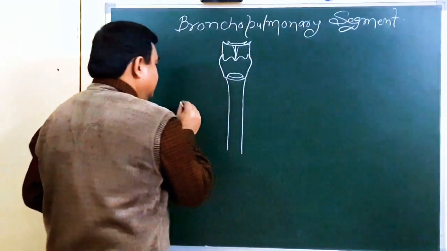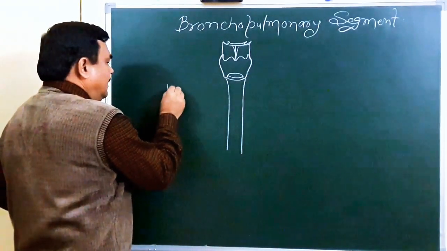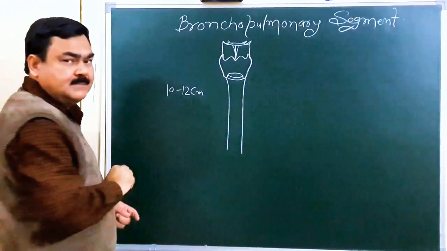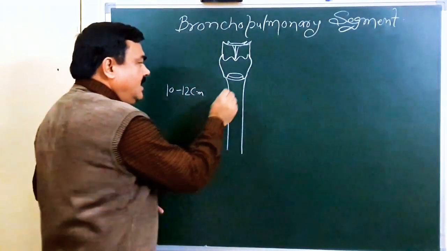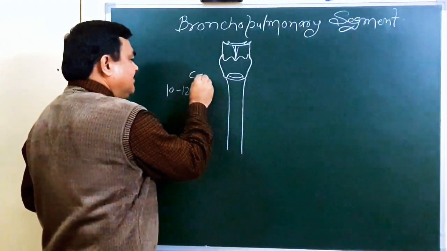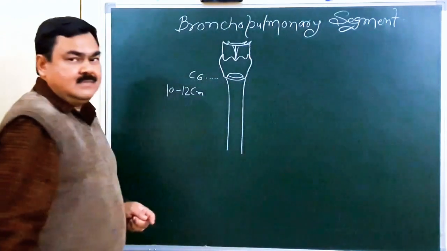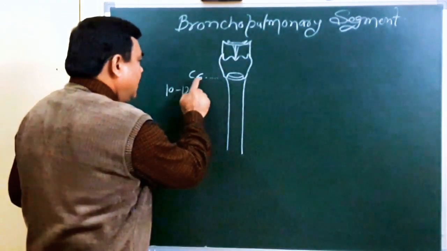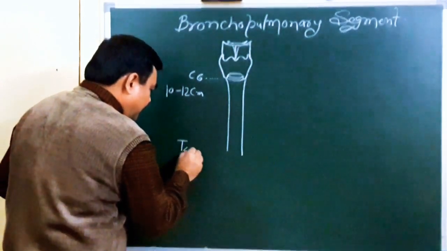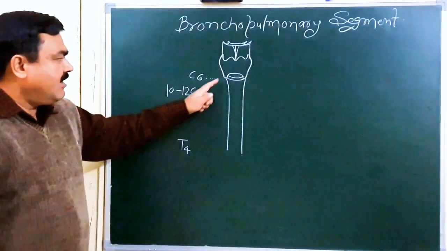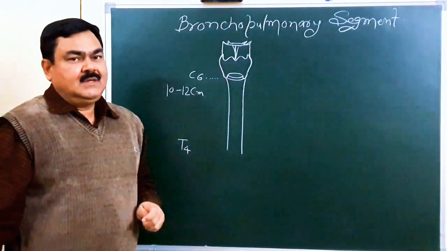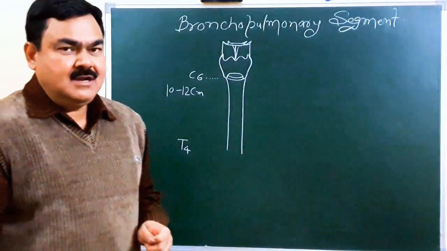The length of the trachea is about 10 to 12 centimeter. It extends from the level of C6 vertebra to T4 vertebra, in lying position or in cadaveric position.